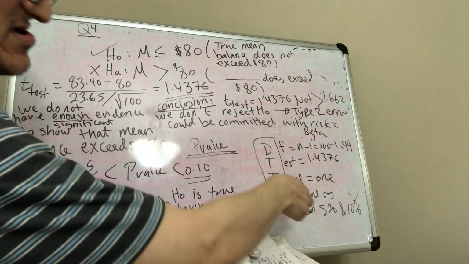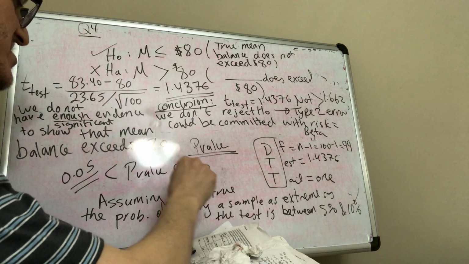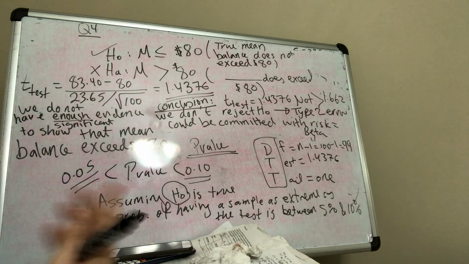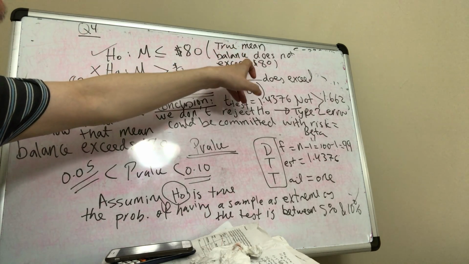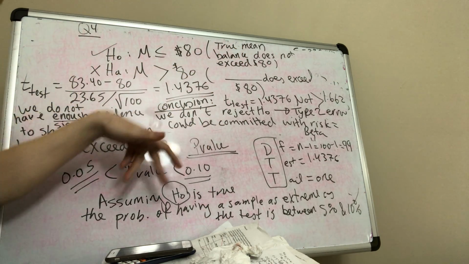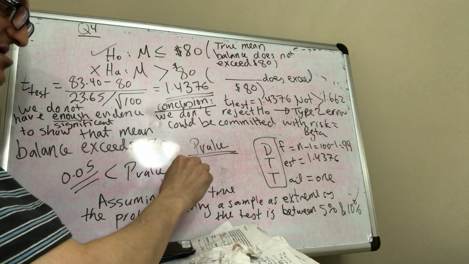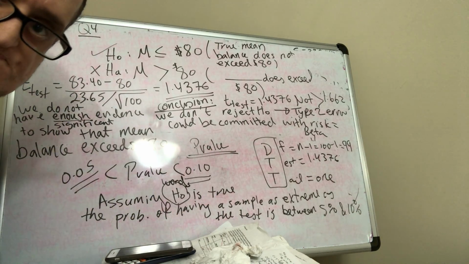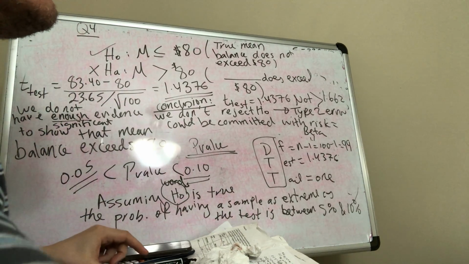So you always say this, and at the end just say what the p-value is. And it's better, instead of H0, to say what H0 is. So assuming that the true mean balance does not exceed 80 is true, the probability... So say what this is in words, rather than just saying H0. Okay.